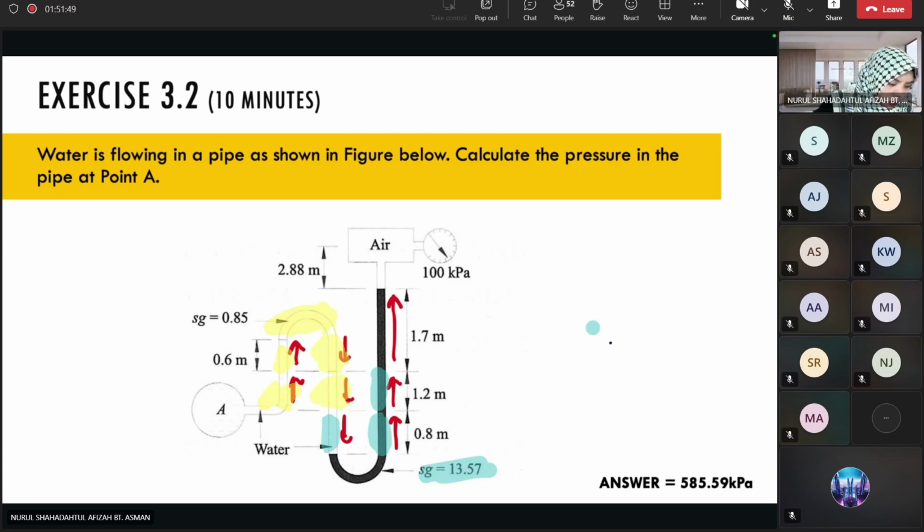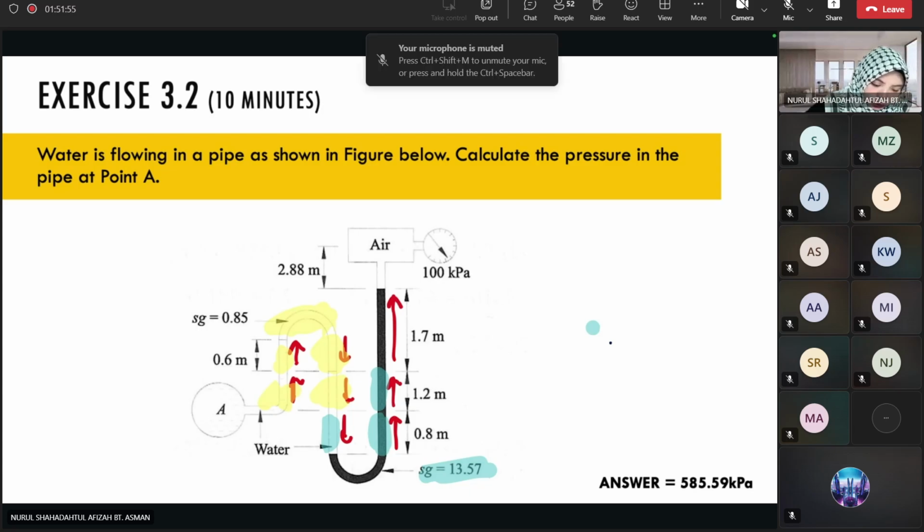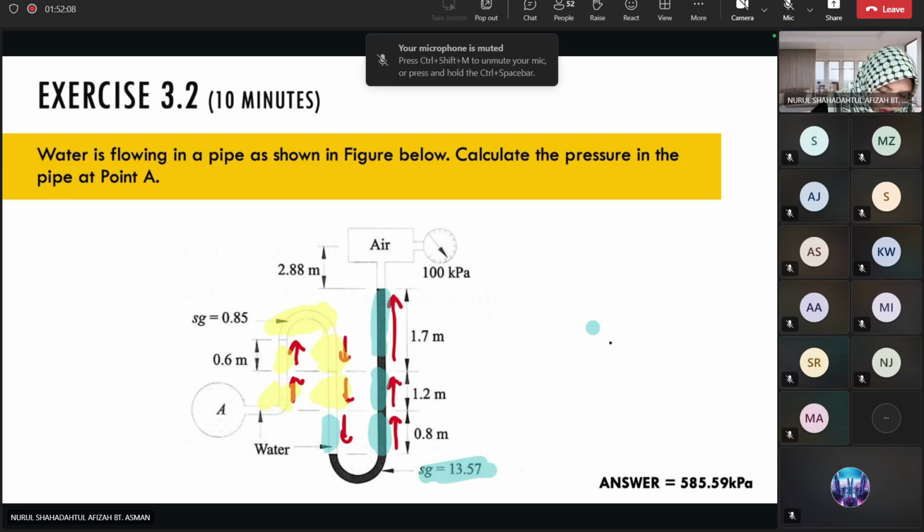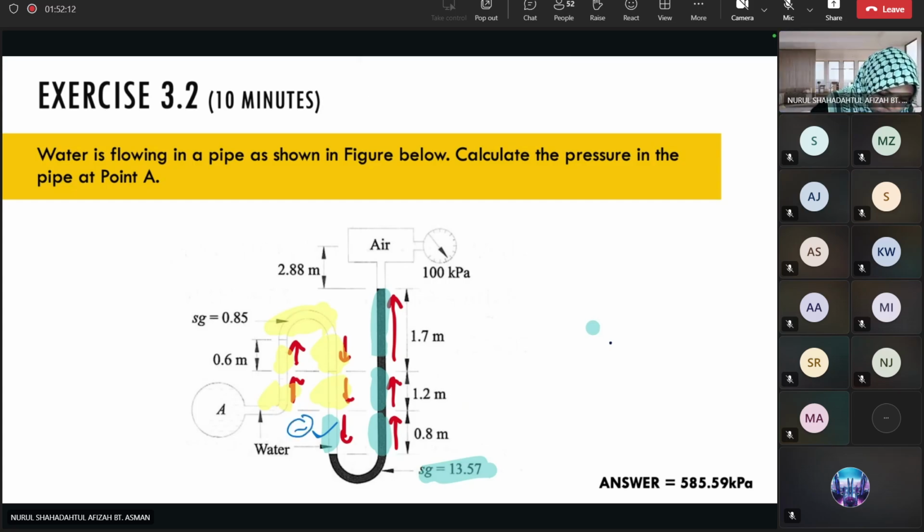Okay, sudah balik. So, sama sini lah perlu dicari. Ini dia turun negatif, this one positif.